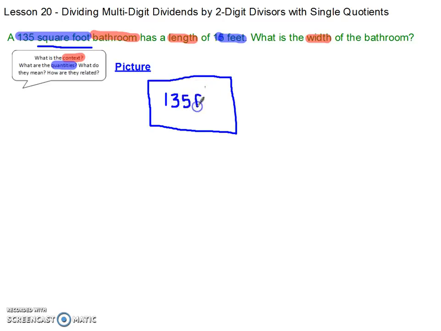To show that in abbreviation, it would be FT for feet, and then the squared would be the little exponent of 2. How they're related is this is the whole of our bathroom area, and then the 15 feet is going to be the length of the bathroom.